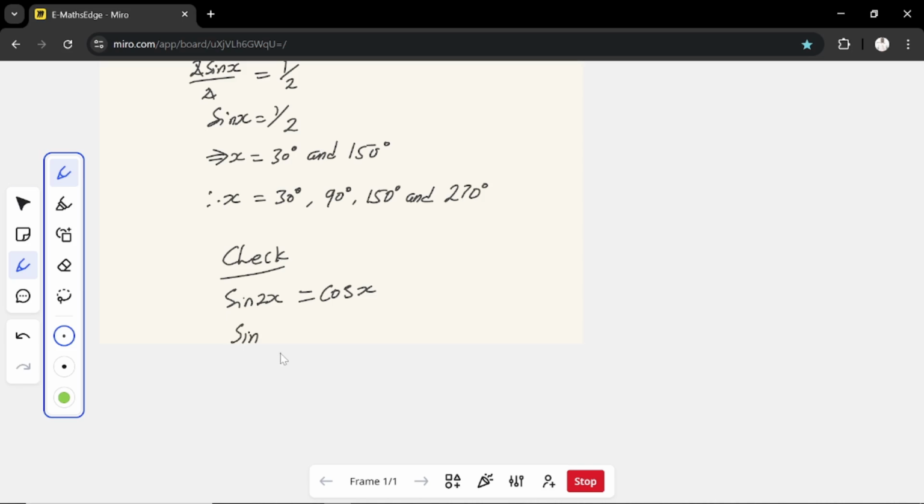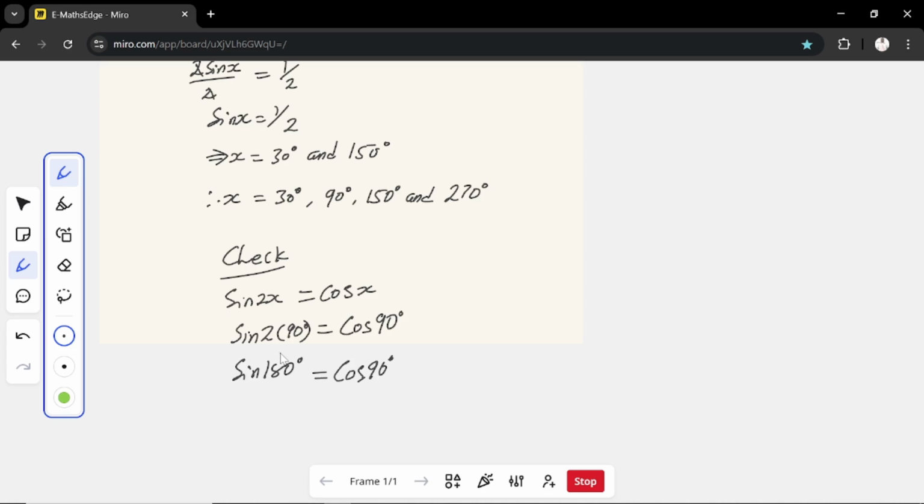So we have sine 2 into the bracket of 90, right, equal to cos, instead of x we have 90, right? So 2 multiplied by 90, we are going to have sine 180 degrees equal to cos 90 degrees, right?